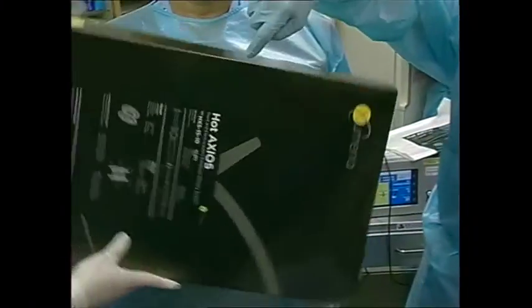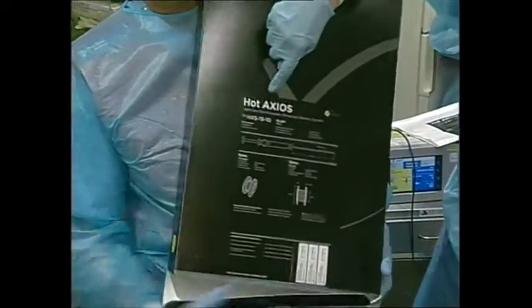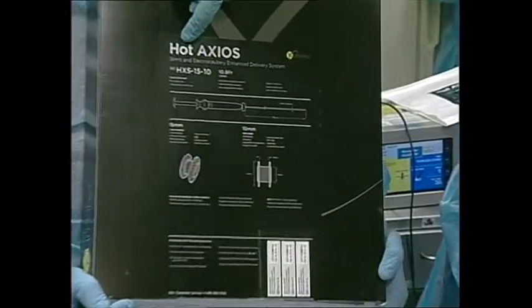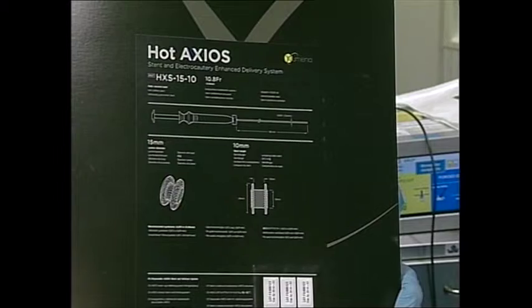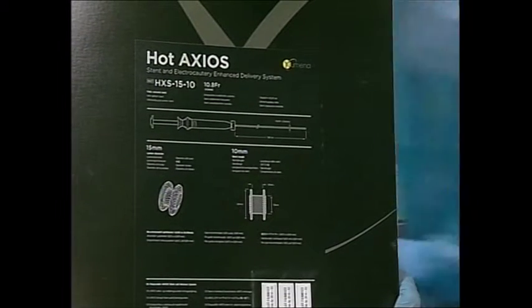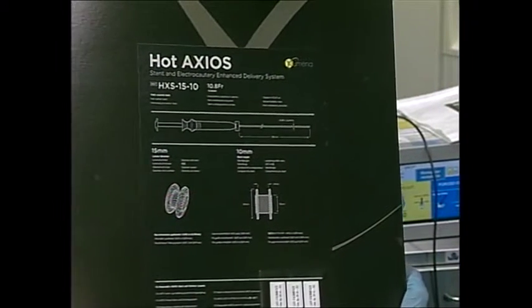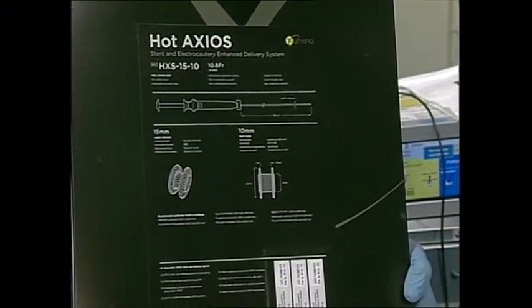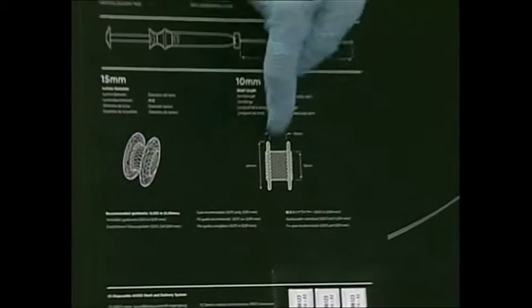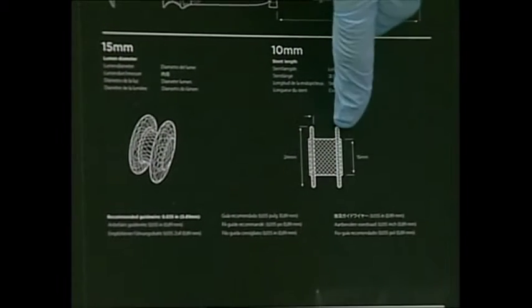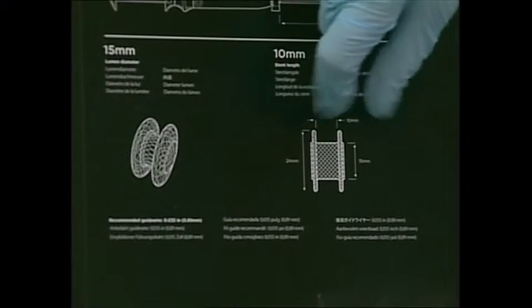All right, so now the box here, it's called hot Axios, and the reason why it's called hot is because it uses cautery to advance the sheath, the stent delivery sheath, into the target cavity, in this case the gallbladder. And the stent is shown here, so in this profile view you can see the two flanges, and these flanges are lumen opposing.